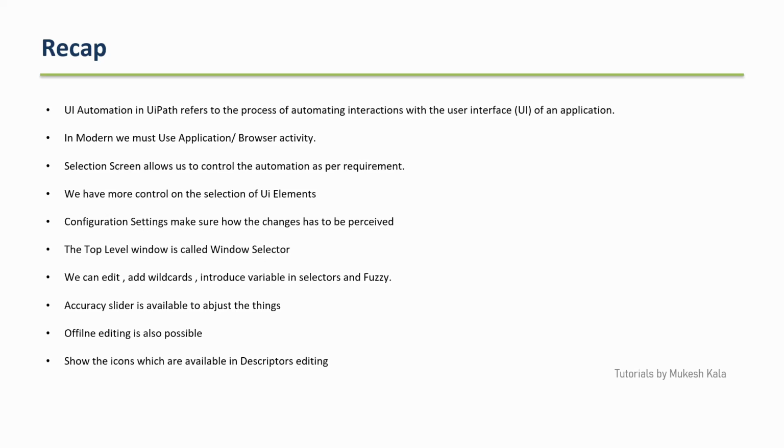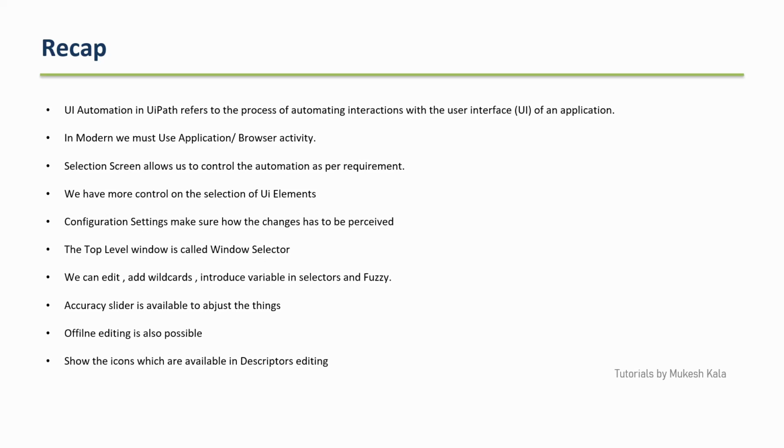The top level settings are controlled with the help of the Windows Selector. We have seen that we can edit, add wildcards, and introduce variables in the selectors as well as in the fuzzy selector. The fuzzy selector gives you some more controls as compared to the selectors.